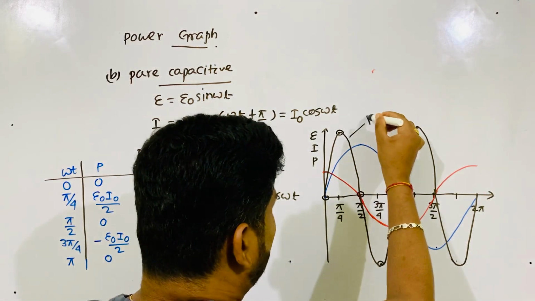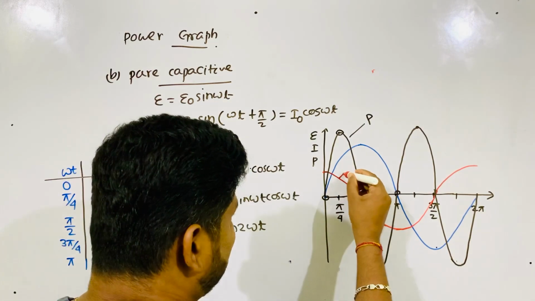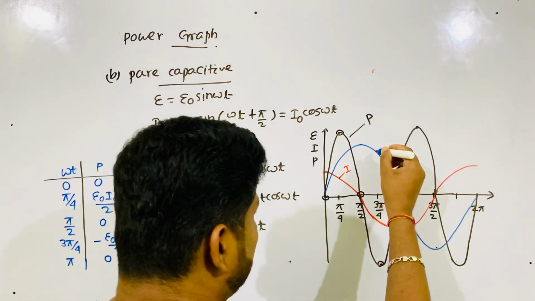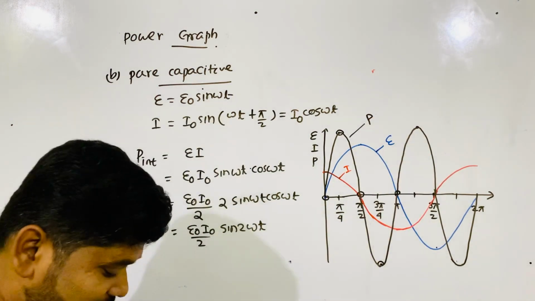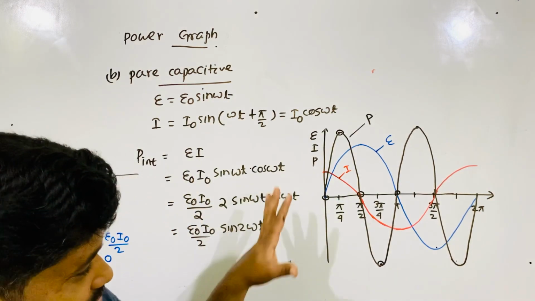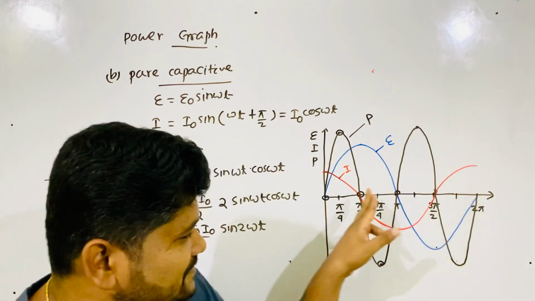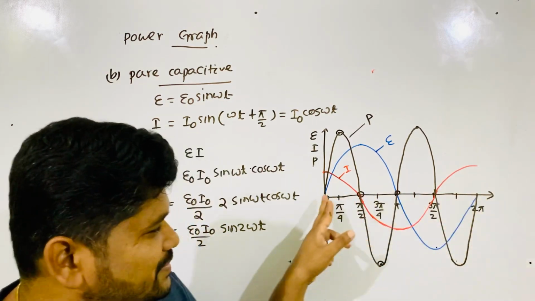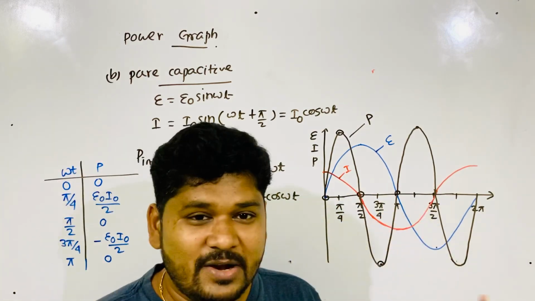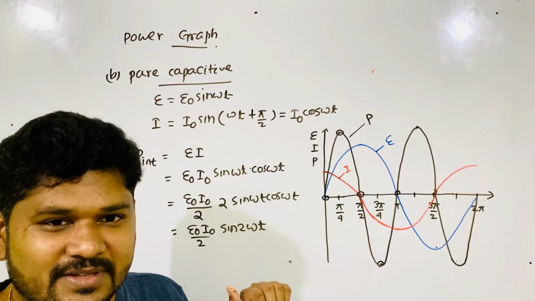So this is the power graph, and this one is the current graph, and the blue color is the voltage graph. What do you mark here? What important thing do you mark here? The graph is looking complicated. In one wavelength of EMF, the wavelength of EMF and current are both the same.